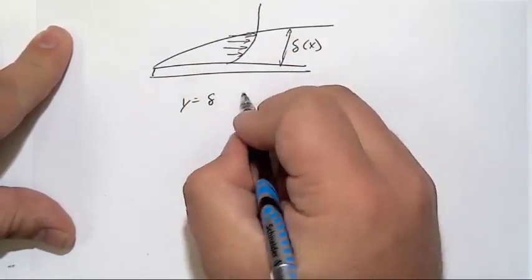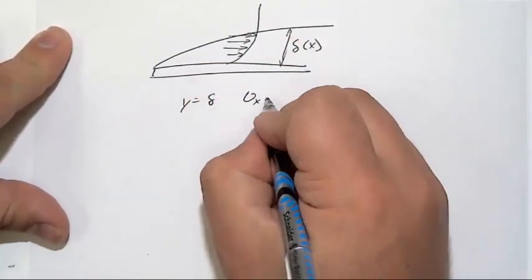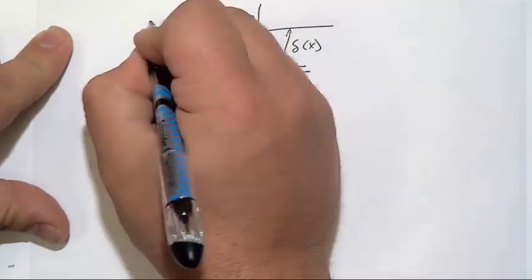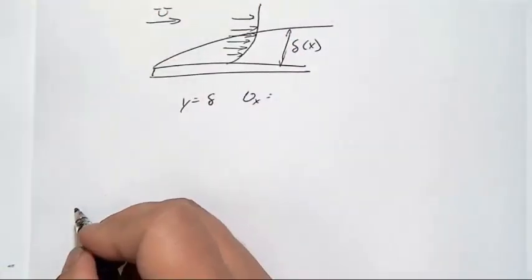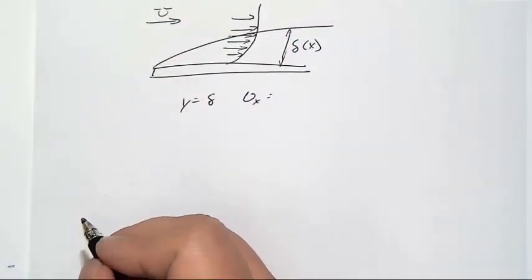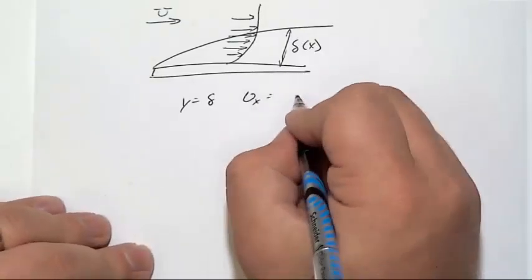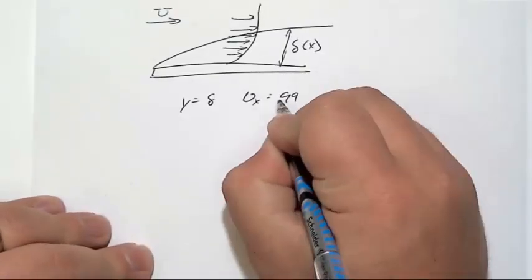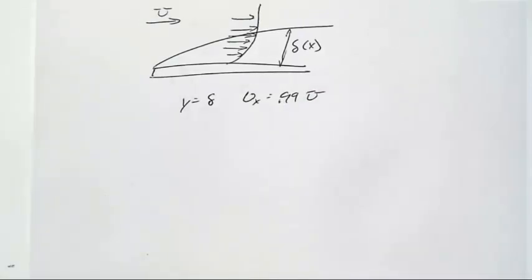And for this case, where y is equal to this boundary layer, we say that u of x should be pretty much the same as our velocity that's being flowed over our plate. So I'm going to say that my flow in the x direction is 99% of that of my velocity.